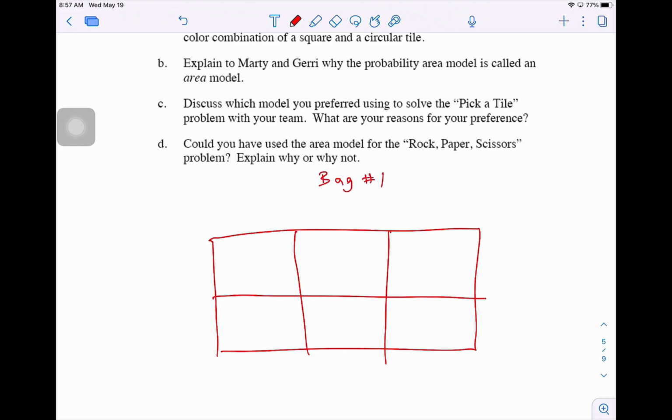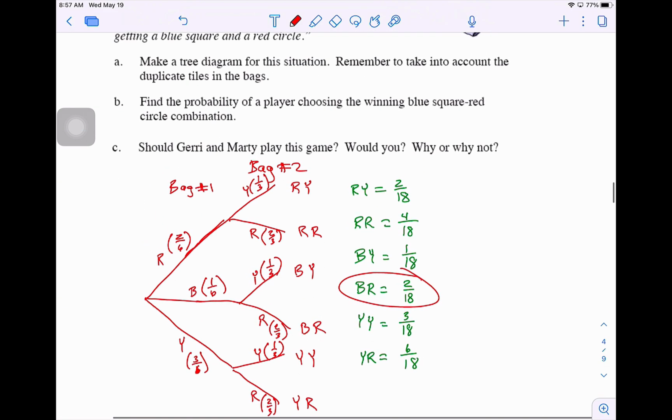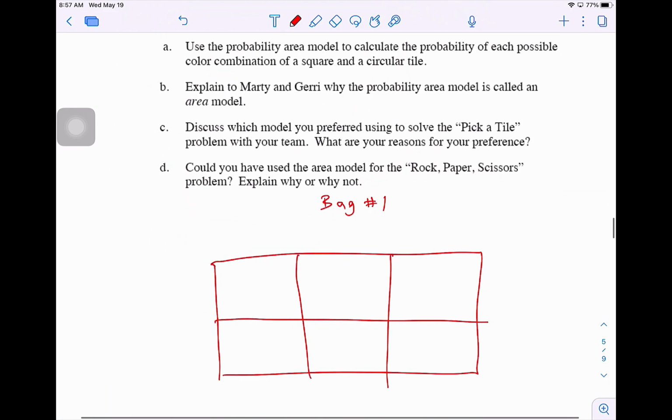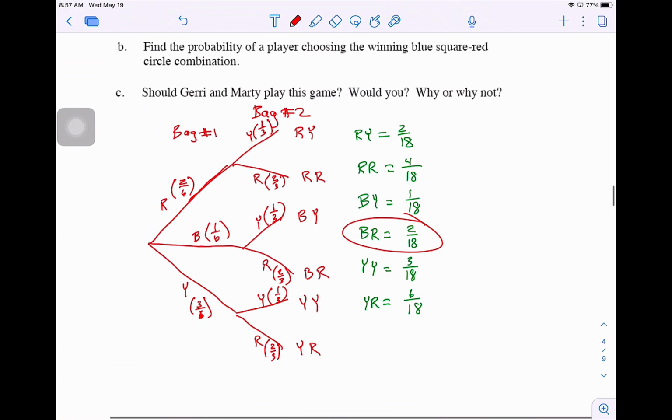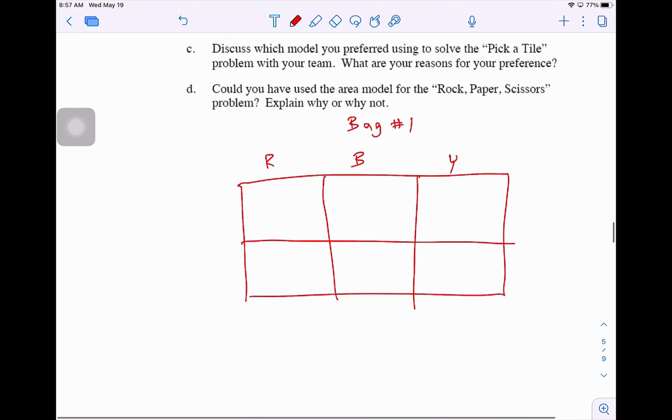And to me, and again, maybe you might be different, that's perfectly fine if it is. But in my mind, this makes more sense to me. This is more organized to me than a tree diagram is. Bag number 1, same exact idea. What do we have? Red, blue, or yellow? Bag number 2, what do we have? Yellow or red? And then once again, the corresponding probabilities of each thing happening.